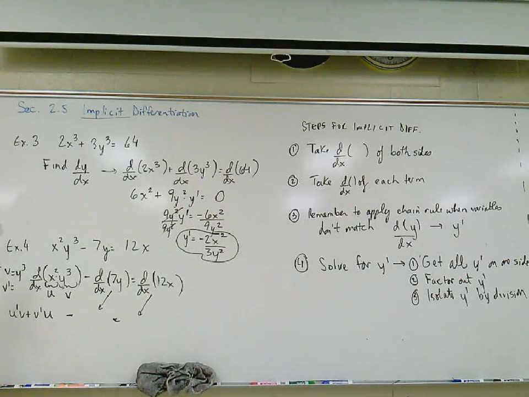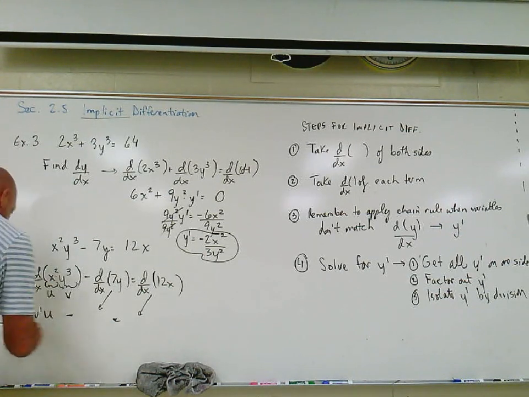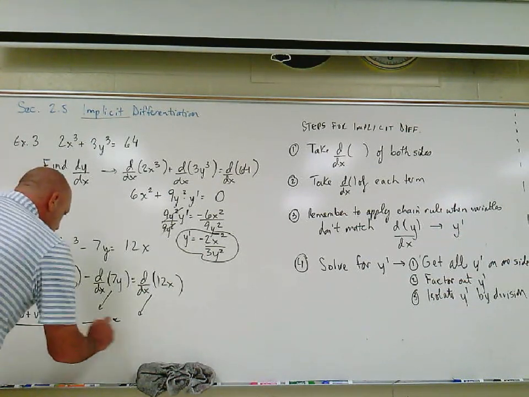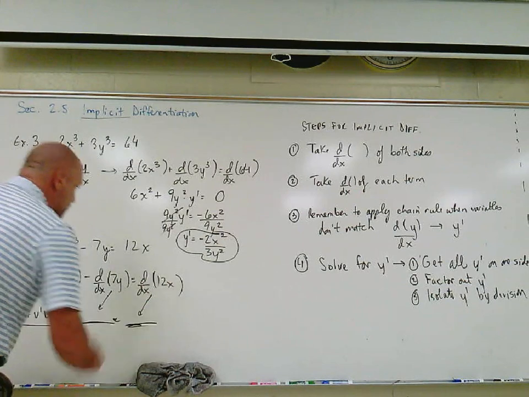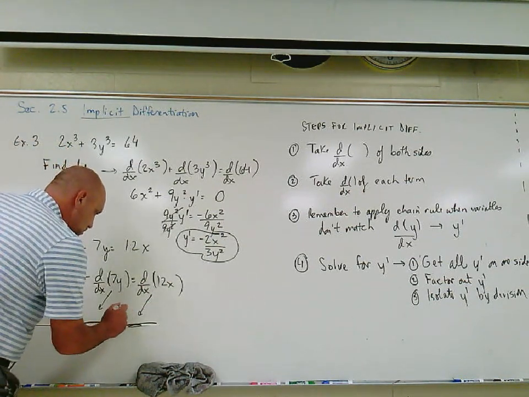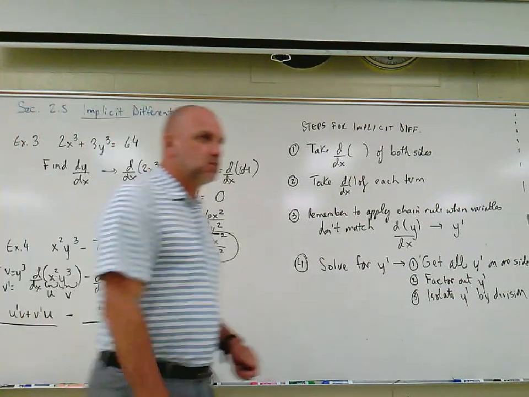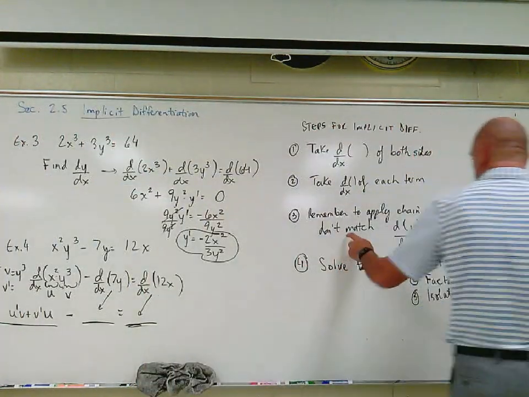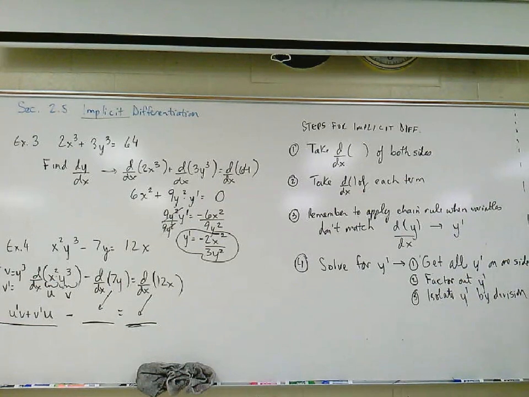And then just shove those in. You basically have 3 blanks: the product rule, the derivative of 7y, and the derivative of 12x, all with respect to x. This is the equals. Then if you fill in those blanks, now you're at the step where you solve for y prime.